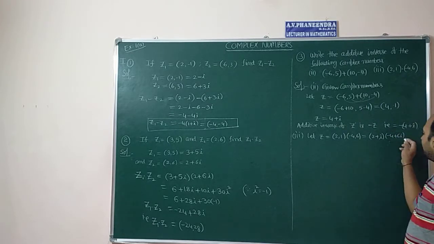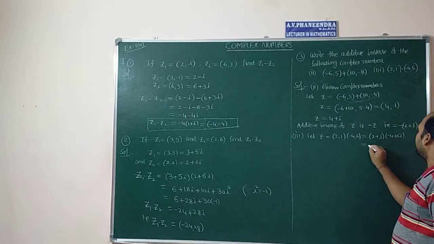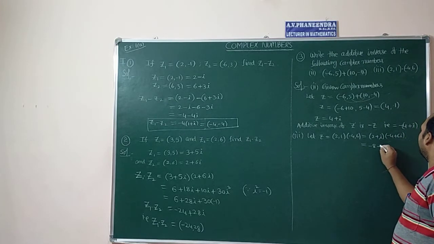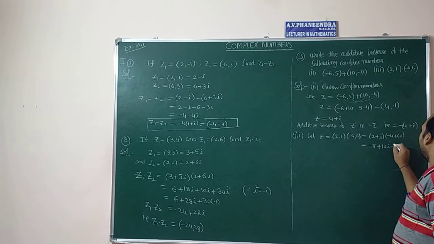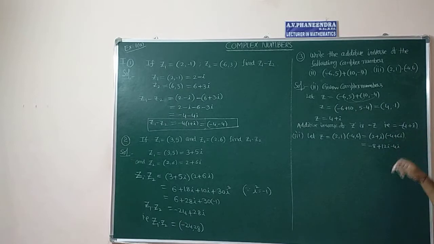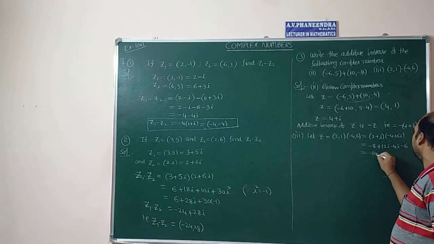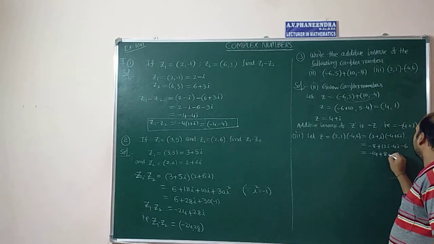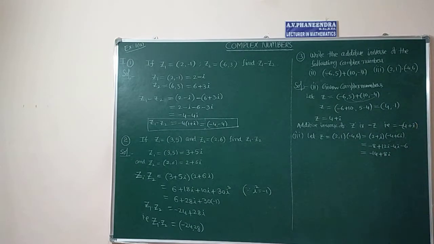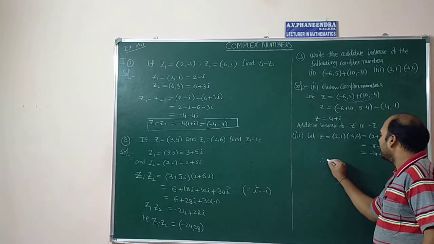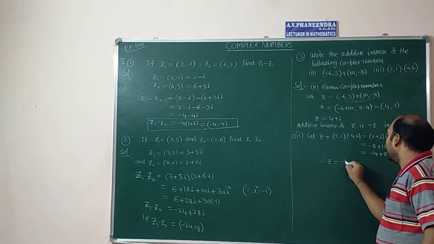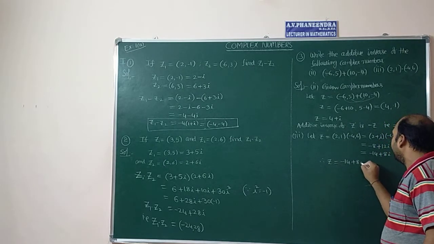First you have to do that multiplication. 2 into minus 4, minus 8, plus 12i, minus 4i, 6i into i, 6i square, i square value is minus 1, so minus 6, which is equal to minus 8 minus 6, minus 14, plus 8i, 12i minus 4i is equal to 8i. Therefore, z is equal to minus 14 plus 8i.